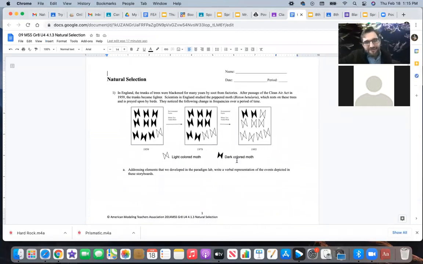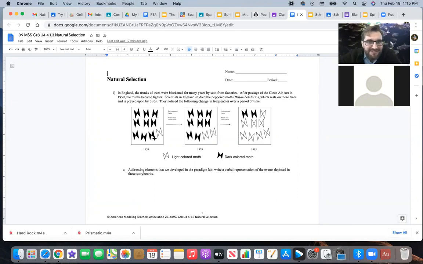All right, in the natural selection assignment, the very first question is related to peppered moths from 1959 all the way to 1995. And what you see here is a scenario that explains those peppered moths. We see the population in 1959 having many more dark colored moths. And then as we go from 1959 to 1979, we see a decrease in the overall percentage of dark colored peppered moths.